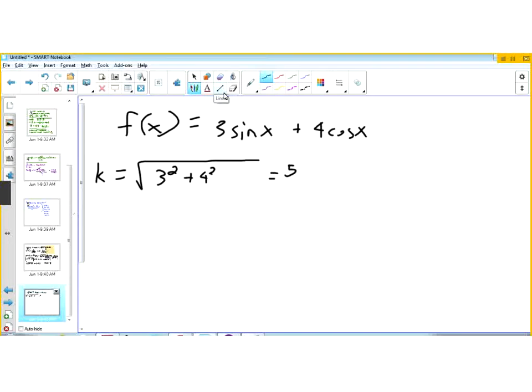Okay, and let's see, the sine of phi, well, we have the tangent of phi would equal to, well, perhaps we don't even need to do this. We probably have to draw a right triangle.